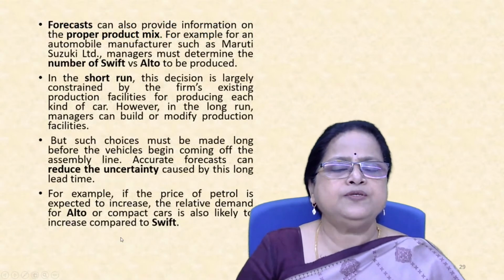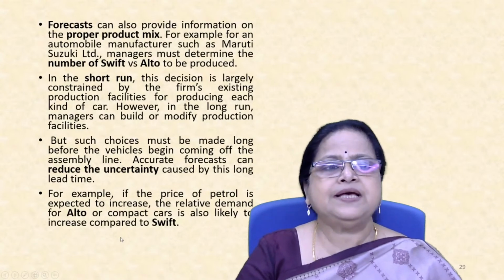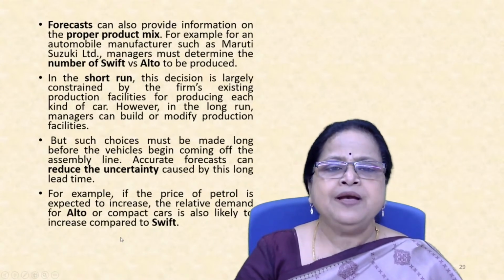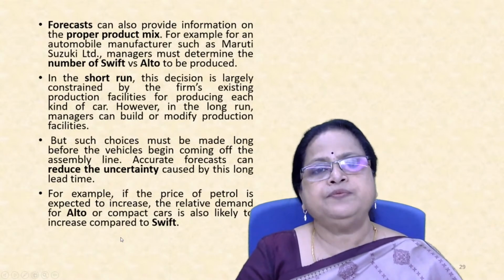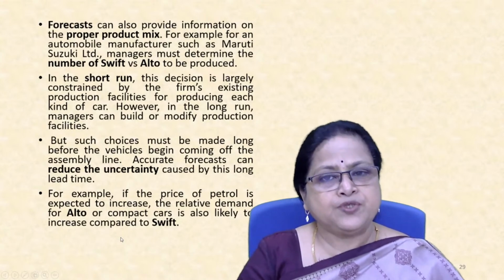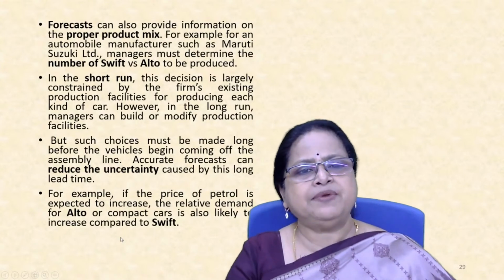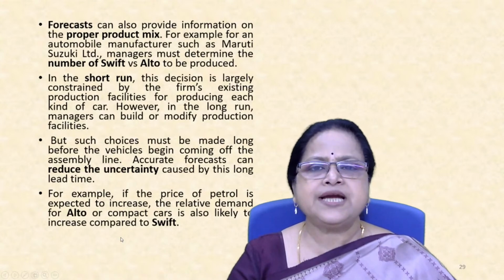So forecasts can also provide information on the proper product mix. For example, for an automobile manufacturer such as Maruti Suzuki, managers must determine the number of Swift versus Alto to be produced, so that they can be sold in the market. In the short run, this decision is largely constrained by the firm's existing production facilities for producing each kind of car.